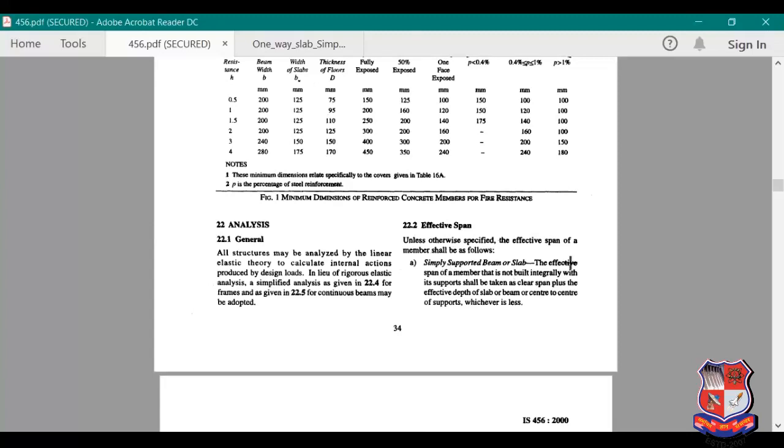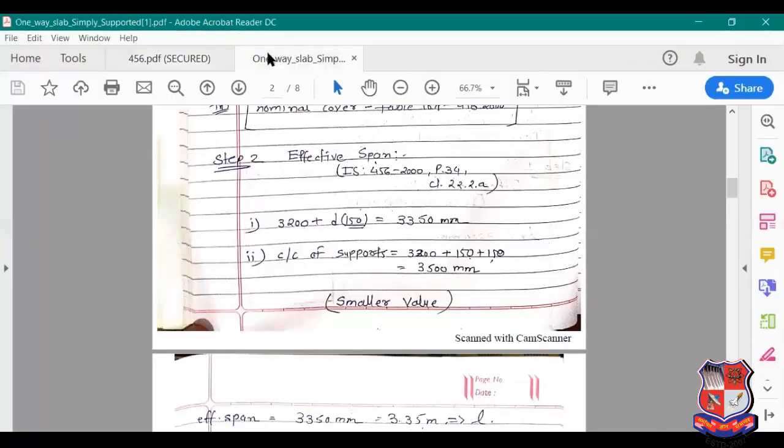Simply summarized, the effective span of a member that is not built integrally with its support shall be taken as the clear span plus the effective depth for a slab, or center to center of supports. So we have two options to find the effective span. The first one is L plus d, and the second one is center to center of supports.